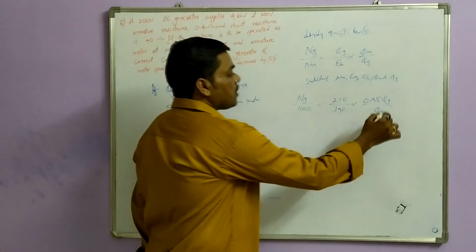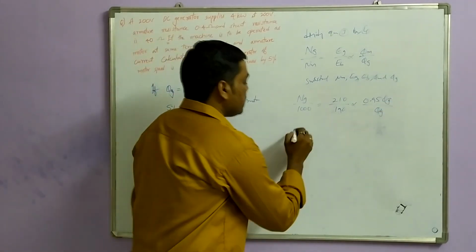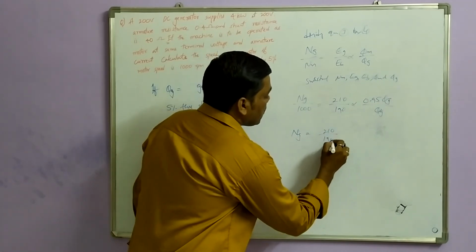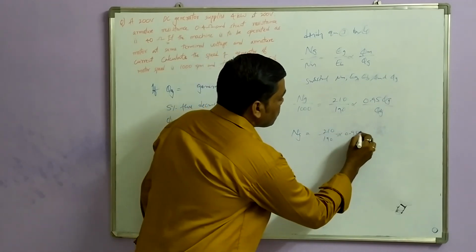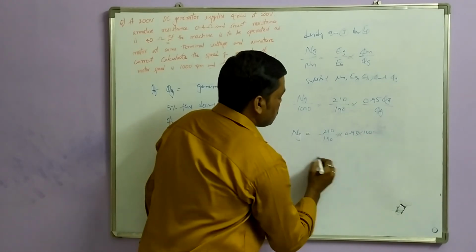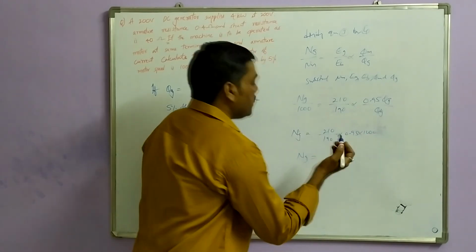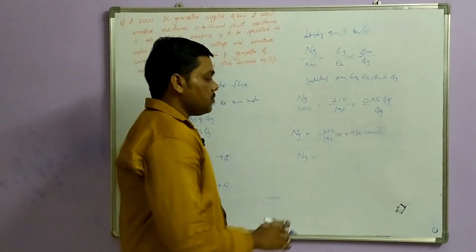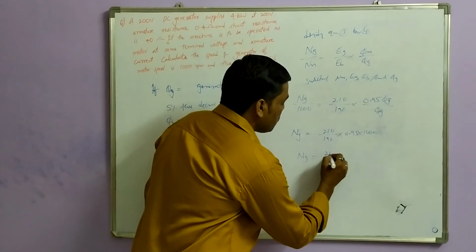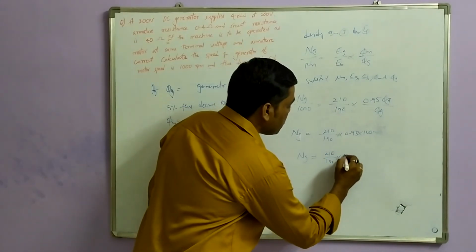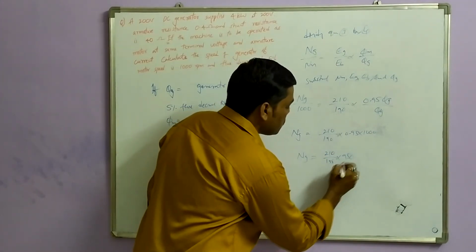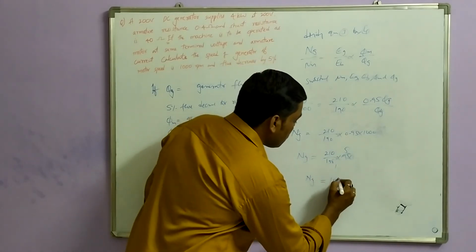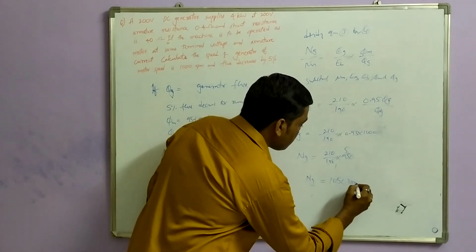Now you can see here phi g gets cancelled, so Ng is equal to 210 by 190 into 0.95 into 1000. So if we calculate the generator speed, you can see here this is the 19th term. You can calculate 210 by 190 into 950, so you may get 5 times. Now Ng is equal to 1050 rpm.